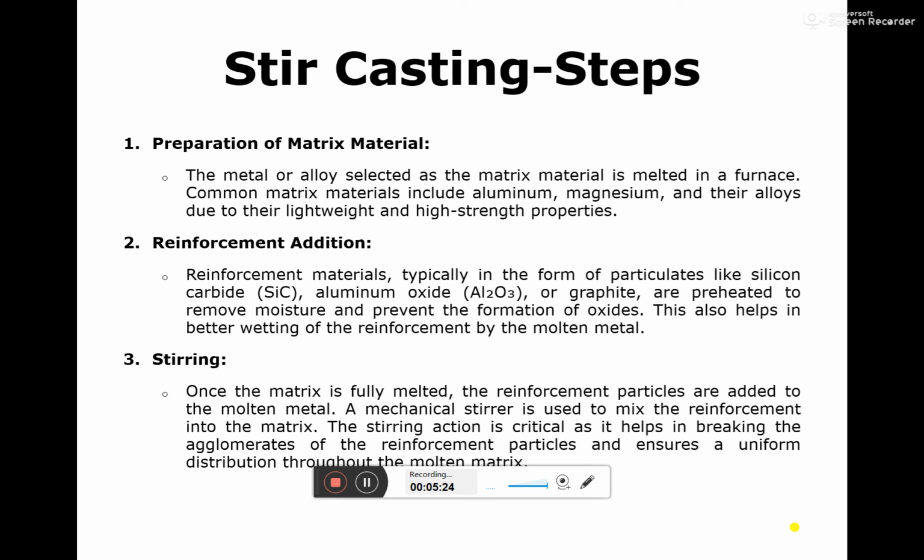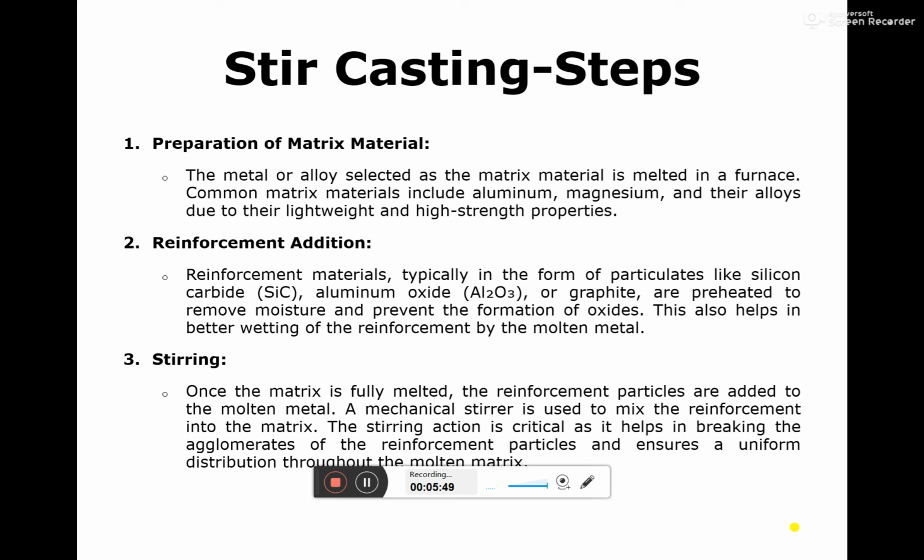We will set the temperature above 660 degrees centigrade, such that once the entire material reaches its molten form, we add the reinforcement material, as already mentioned: aluminum oxide, graphite particles, or other particles.